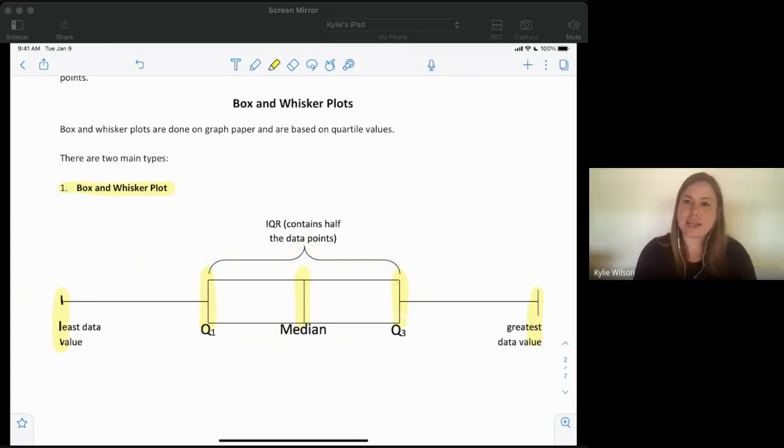So this helps us to see where half of our data points are living. Is our little box where half of our data points are really small, or is it really long? It also helps us to see how far away our greatest and smallest values are from that box with half of our data in it. So that's our first plot, and we will draw one of those together from scratch below.